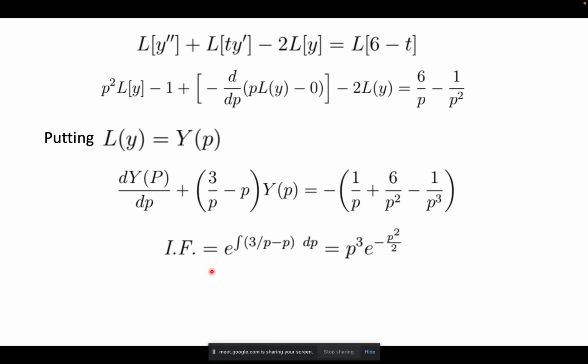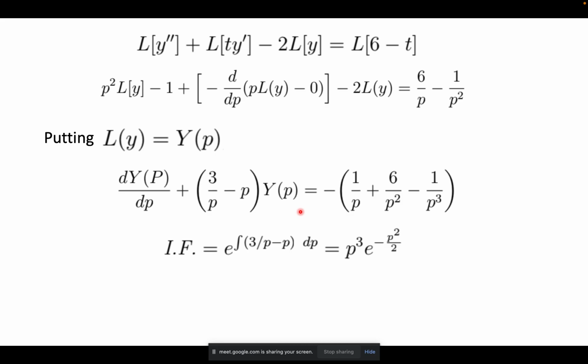So here you have just got the integrating factor, but now you need to express y of p. We are solving the differential equation in order to find the Laplace transform of y in terms of p, so that you can then take the inverse Laplace to find the solution.